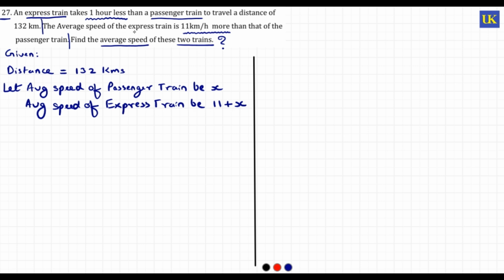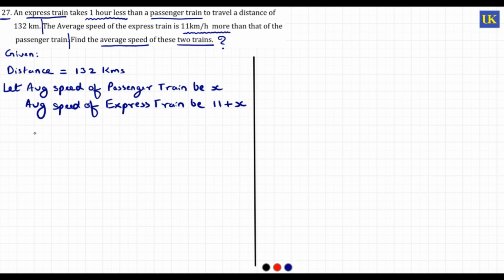The express train speed is 11 kilometers more than the average speed of the passenger train, as given in the second sentence.